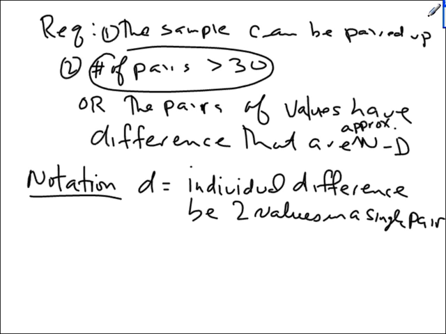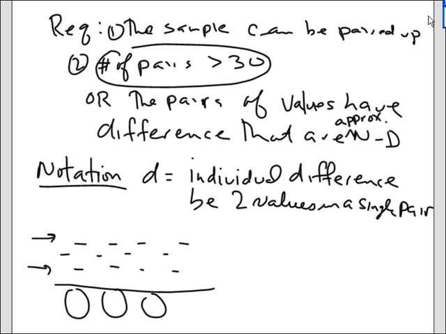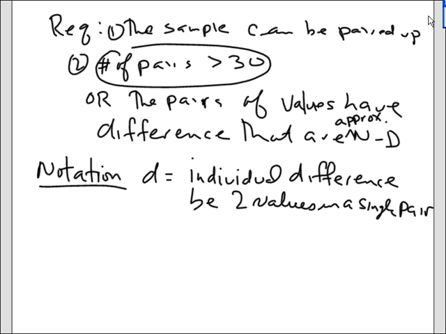What I just erased, I had sample 1 with 4 numbers, sample 2 with 4 numbers, and underneath I subtracted them and had 4 numbers. Each one of these is what we refer to as a D. Just like the X's are the scores, and X bar is the average of all the X's, instead of X's, we have D's. How do you get D's? You subtract.